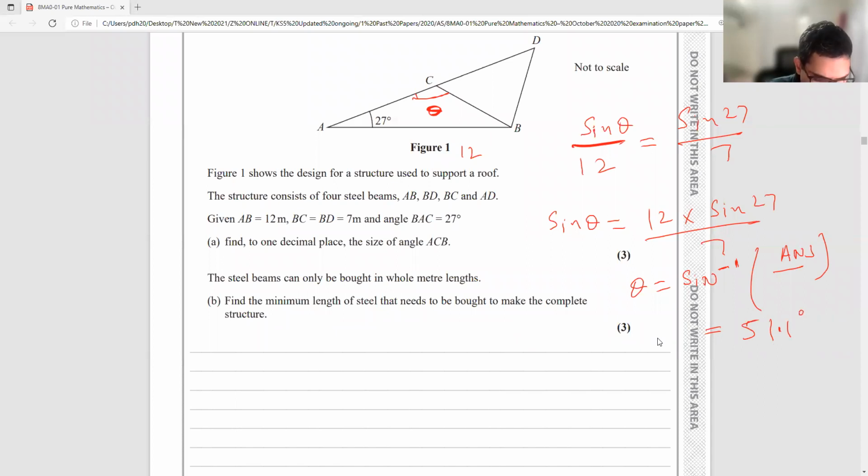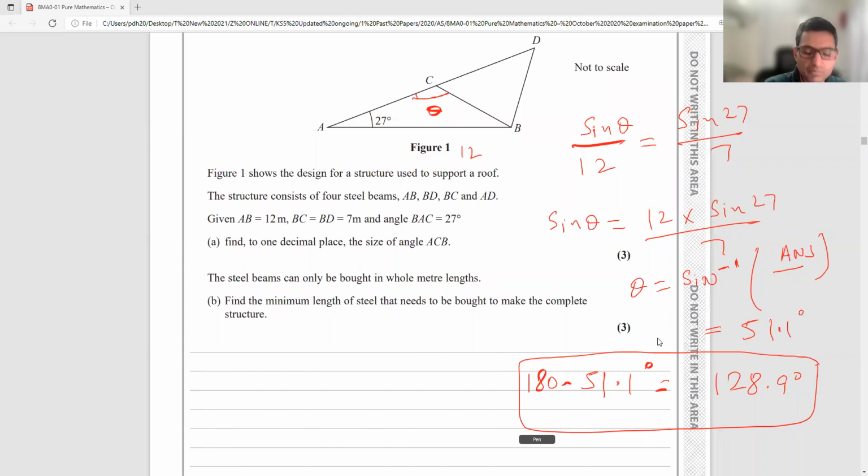Sarah, go on, please. It's not the final answer because you can see that ACB is an obtuse angle, yet 51.1 is less than 90 degrees. Very, very good. So we take it away from 180 minus 51.1 degree, which gives you the answer 128.9 degree. Now, guys, you might be slightly confused with this one, which is absolutely fine.